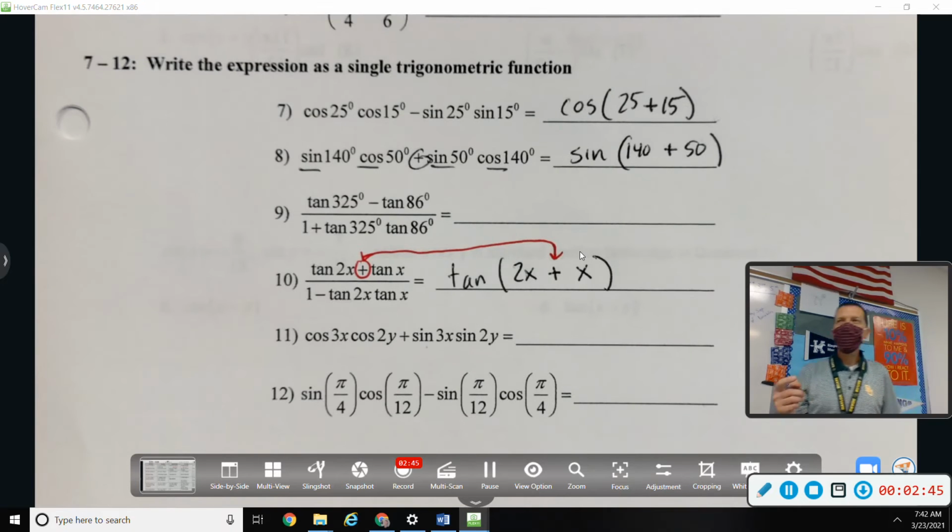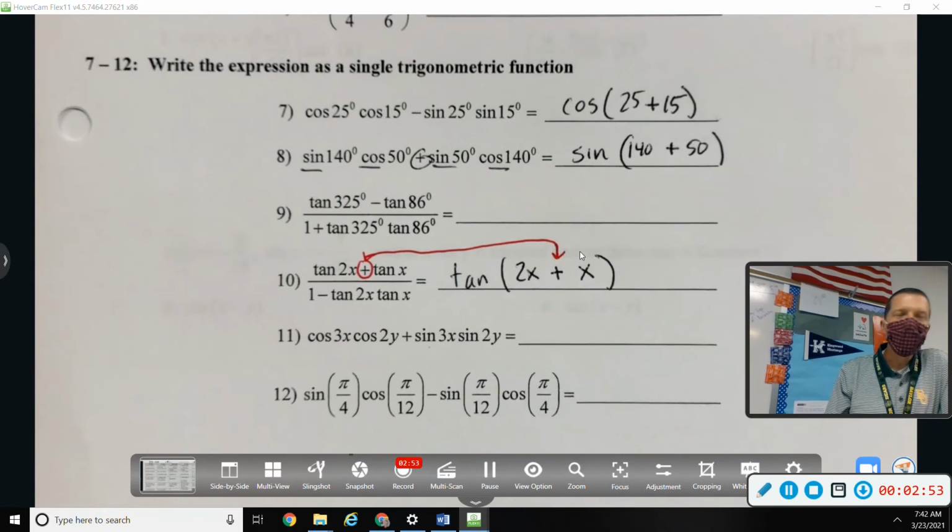So pattern recognition, but you don't have the pattern memorized. You have the pattern written down, and so you just compare the two and pick which of the 6 formulas it goes with. There's also 6 questions there, so I bet there's one of each. Yep, there is.